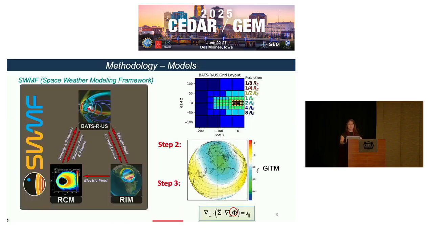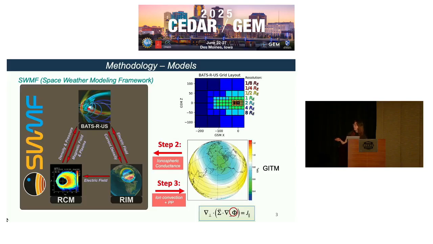And then we coupled Gitm with the space weather modeling framework through RIM, and then the RIM will solve the potential and also communicate with the MHD model and the ring current model. Then we got a new output about both potential and particle precipitation, and this is step 2.